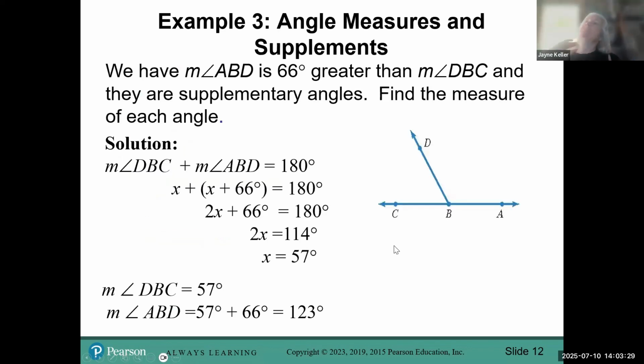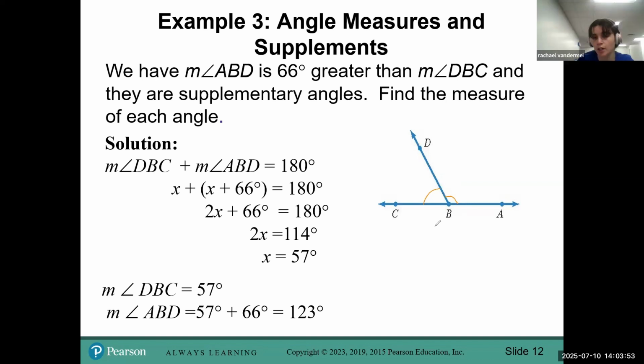And then we can extend on this idea. Now we can create an algebra problem from this. So we have this angle ABD, and we can see that ABD and DBC, are they complementary or supplementary?